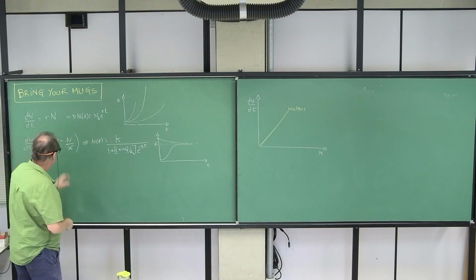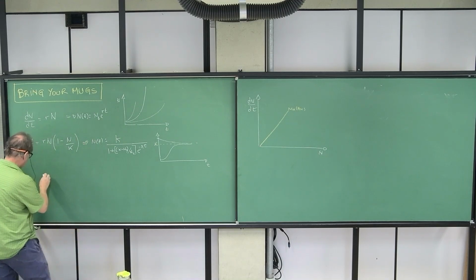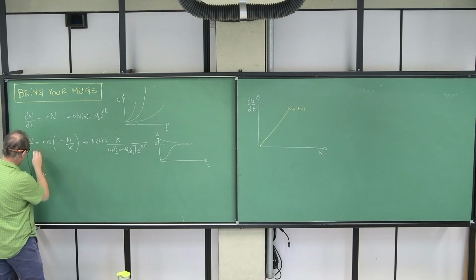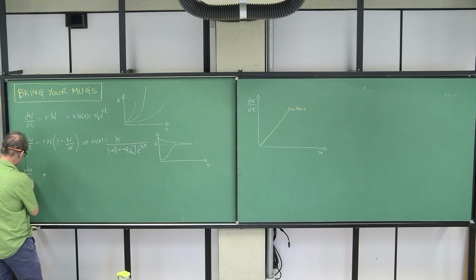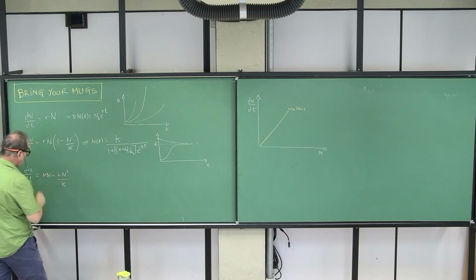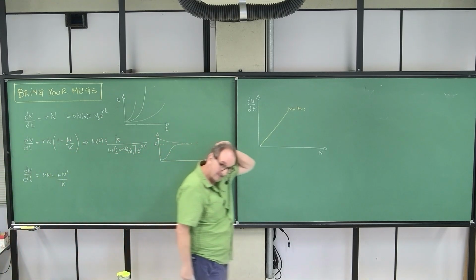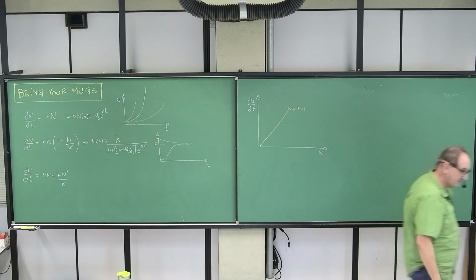Now, for the logistic, you can write it in the more explicit way here. You have a second order polynomial, also going through 0.